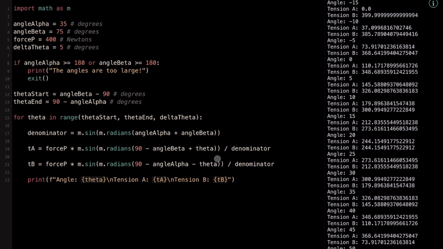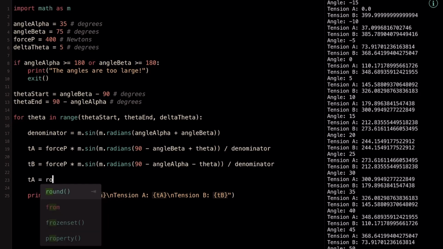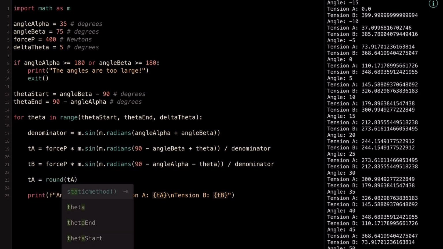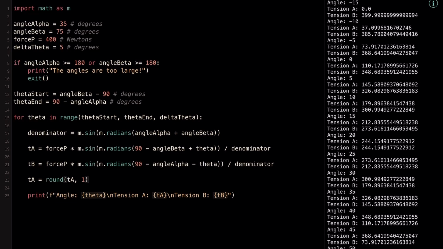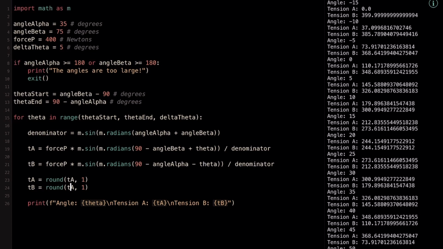So once we calculate TA and TB, we can round those values to a certain number of decimal points. So I'll say that we are going to round TA to a decimal point of 1, and we can do the same thing for TB. Again, this equal sign isn't really an equal sign, it's the assignment operator.